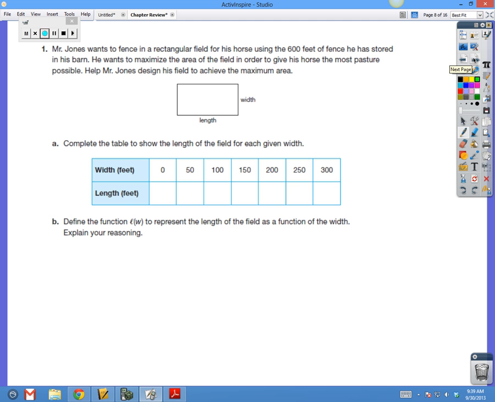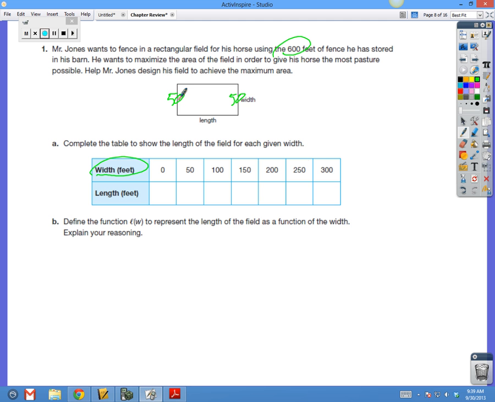Last one. If you got 600 feet of fence, that's all you got to use. They want you to fill out the table. So this is width. If you are using 50 of it here, you have to use 50 of it here.